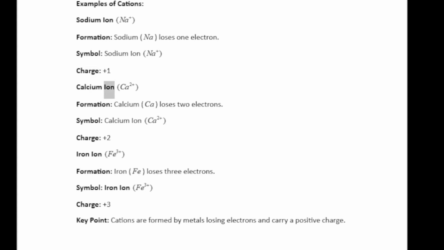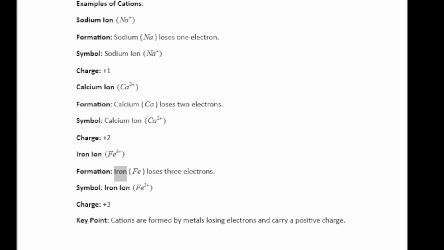Calcium ion. Formation. Calcium loses 2 electrons. Symbol. Calcium ion. Charge. +2. Iron ion.